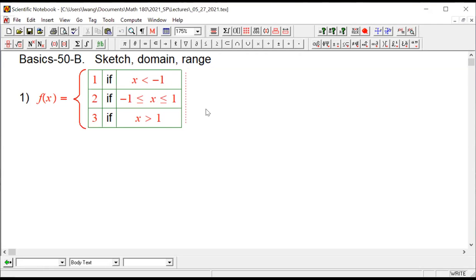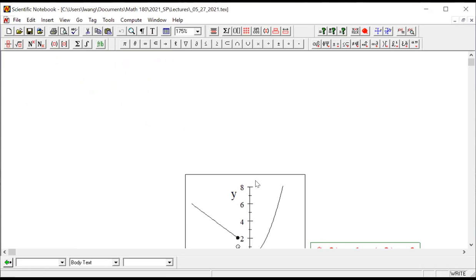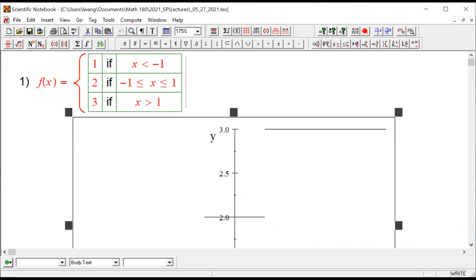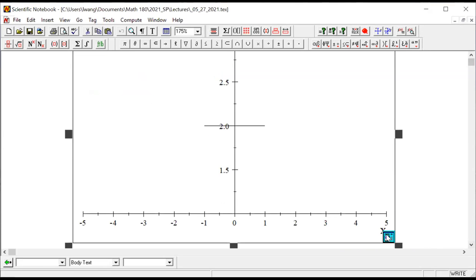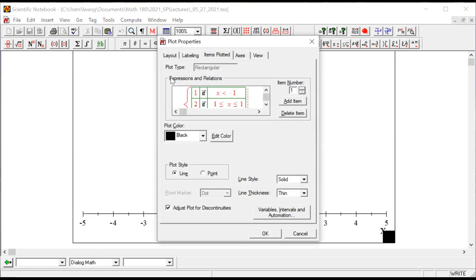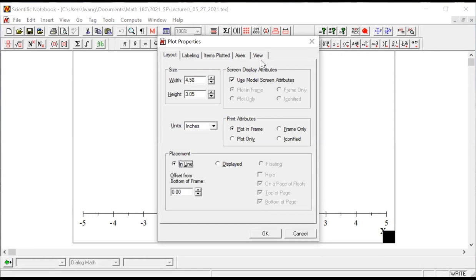When you graph it, this piece is not difficult to graph, but what I want to show you is that I need to make some adjustment. I don't know why the software graphs it in such an awkward way.